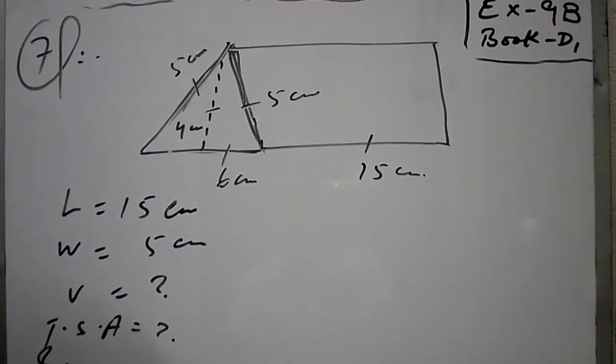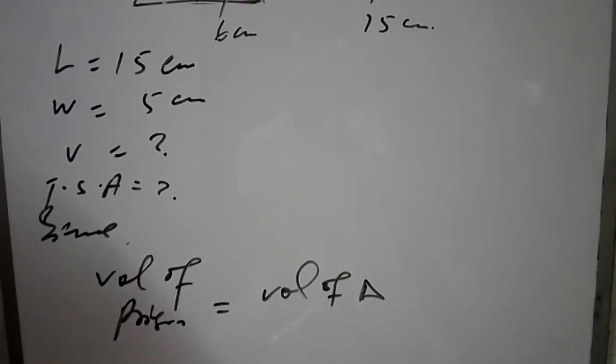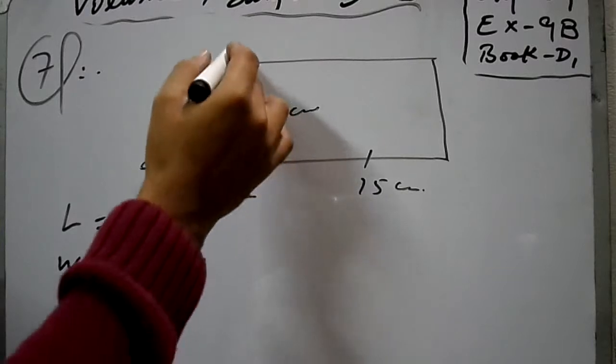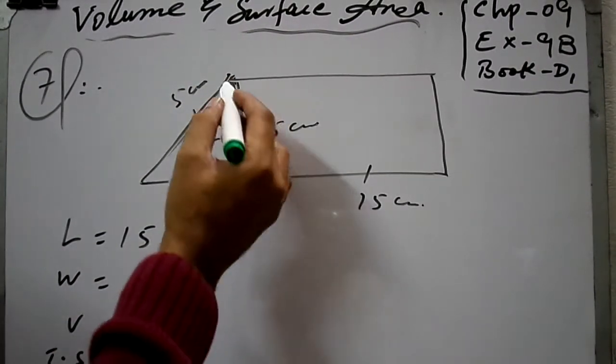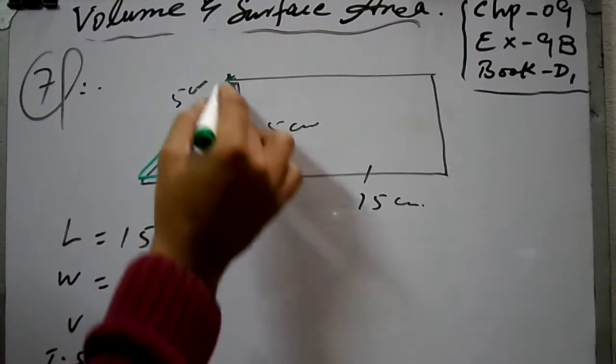But we have to find the volume and total surface area. So the area of a triangle is very much clear to us. We tried our best to solve it in a very easy and lucid manner.